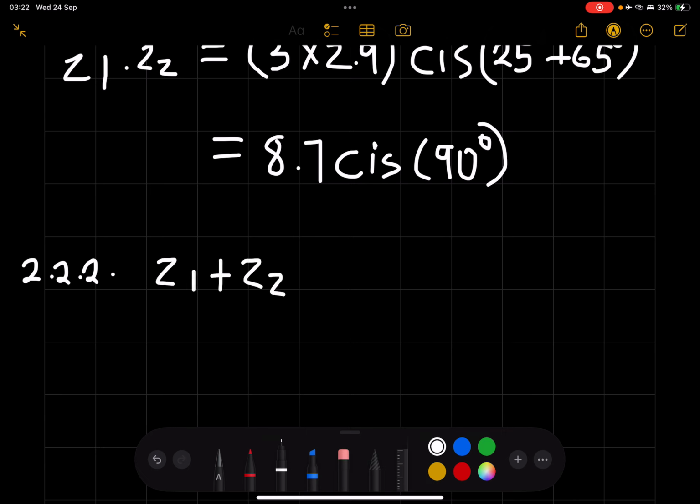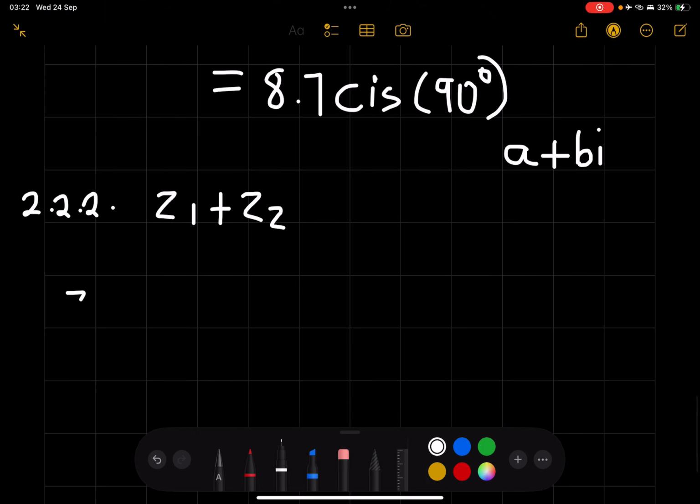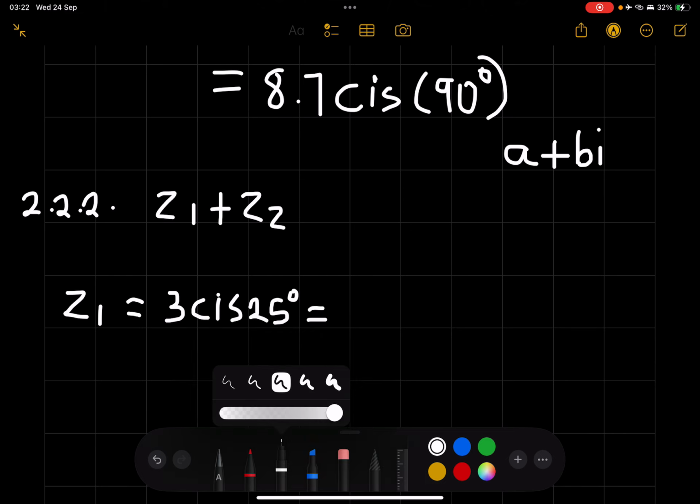Okay. We firstly need to convert each to rectangular form. Remember, rectangular form is a plus bi. So I'm going to convert z1 into the rectangular form. I have 3 cis 25 as z1. This is going to become, okay, let's just reduce this a little bit.